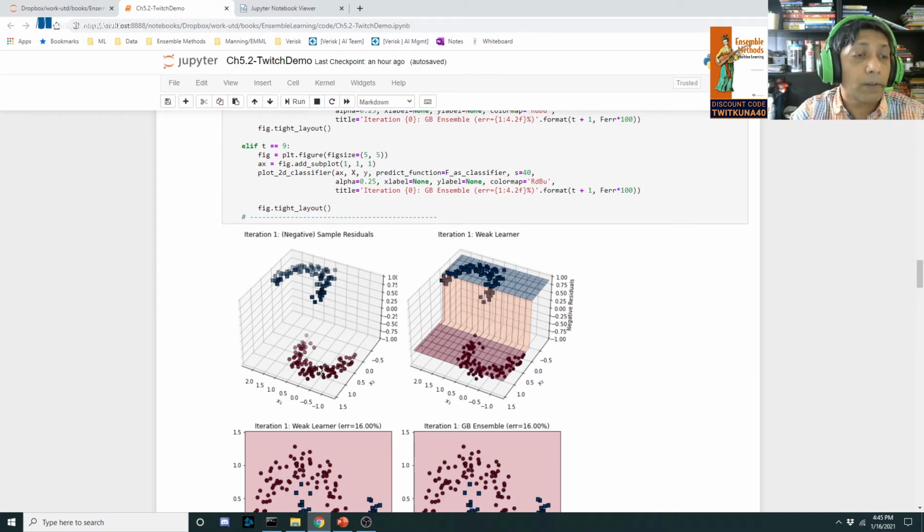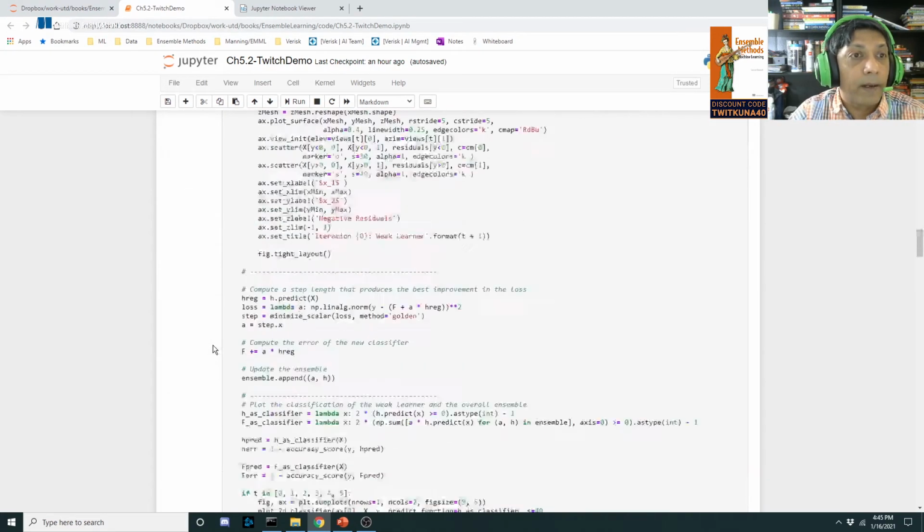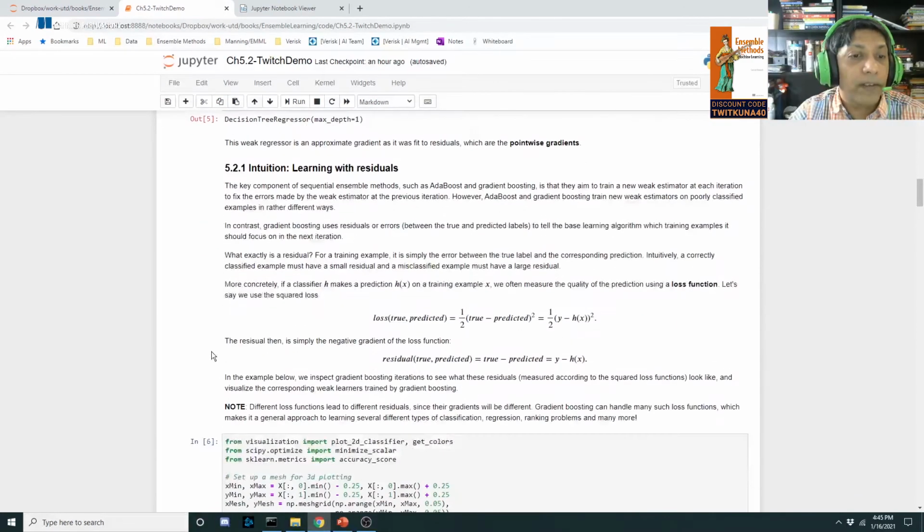The predicted label is 0 for every training example. So what is the residual? For positive examples, it's going to be true minus predicted, which is going to be 1 minus 0, because our prediction is going to be 0 for everything.